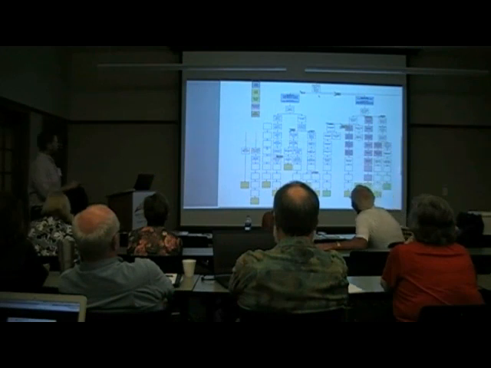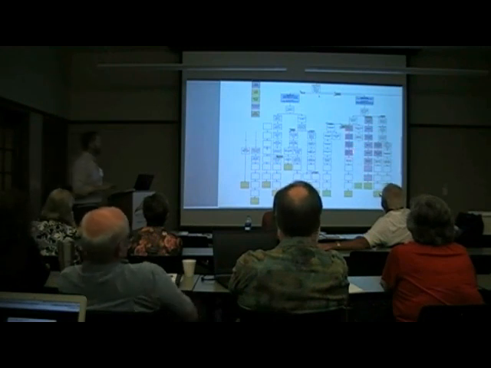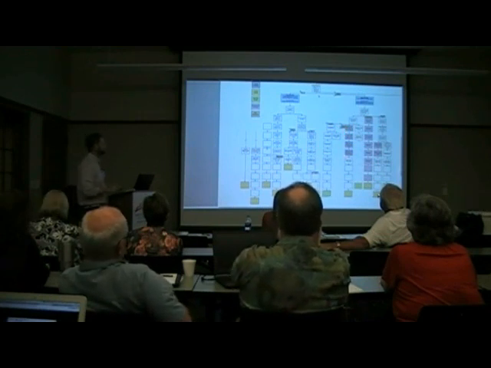I should explain the red lines in here are estimated connections, or educated estimated connections. The red blocks are estimated ancestors, as in they think these are their ancestors, but they aren't fully certain.